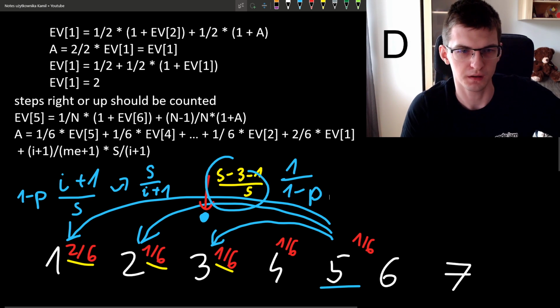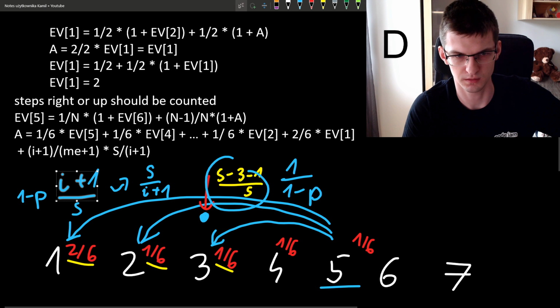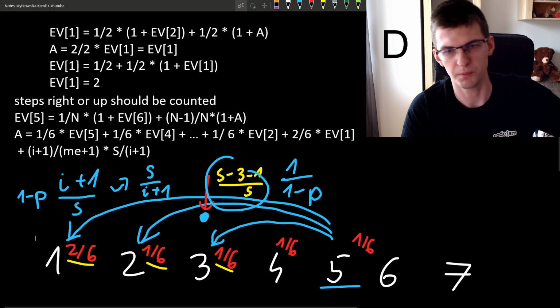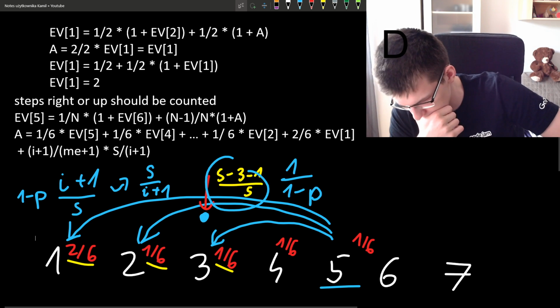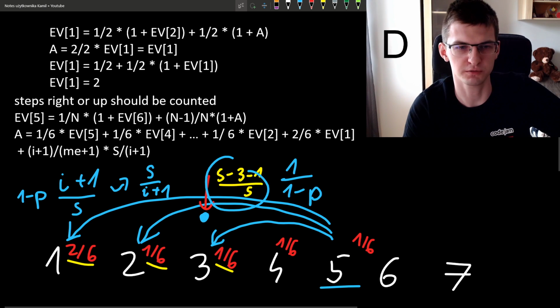Yep. 1 minus p will be 3 plus 1 over s. I plus 1 over s. But final, it also counts moving to the left. Yeah, I should say this minus 1. Or actually this minus 1.